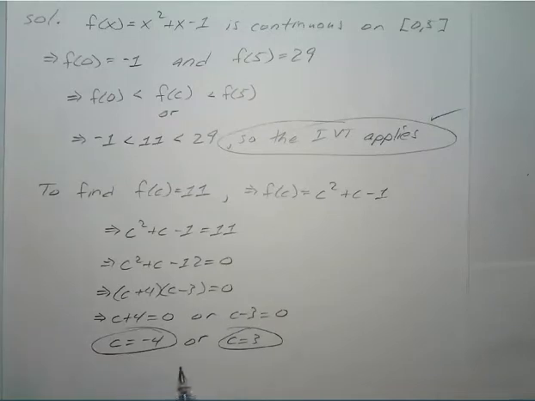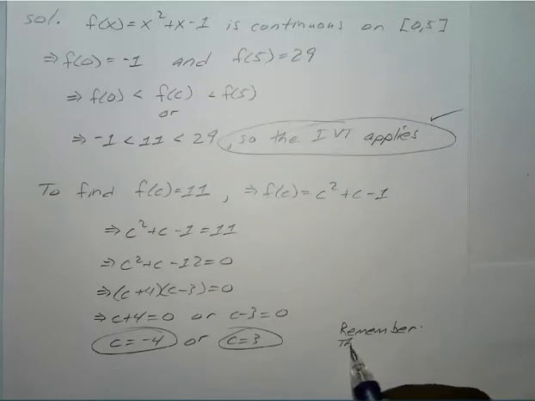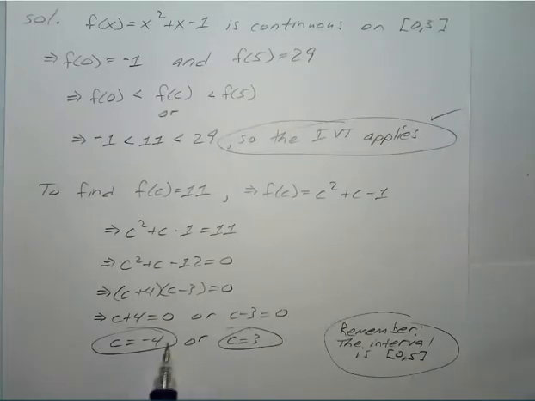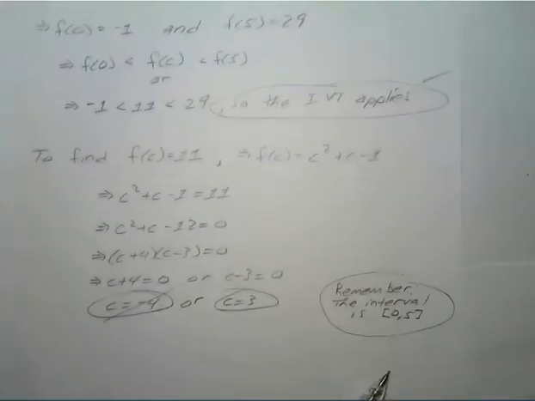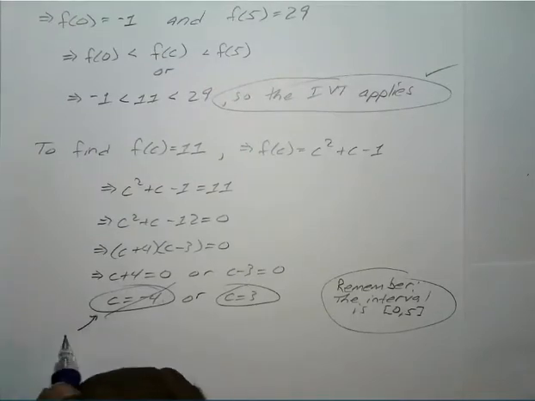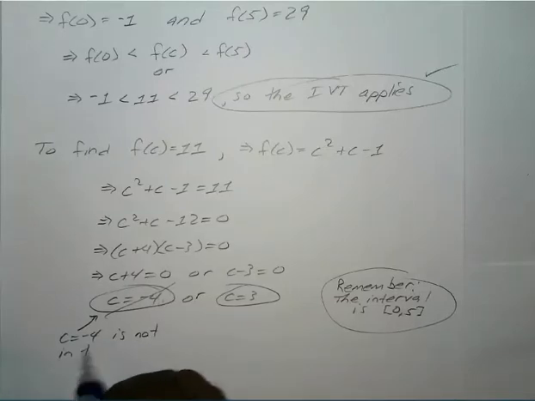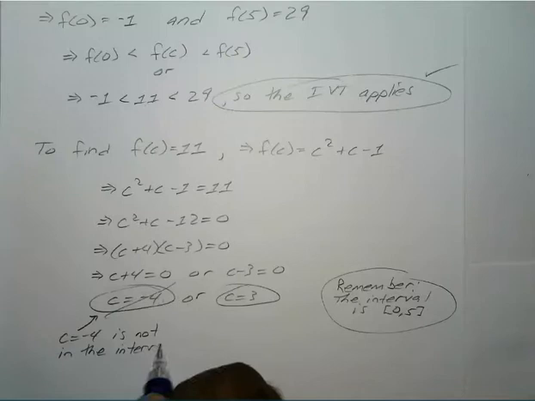Okay, so if you remember, the interval is from 0 to 5. So we can't use this negative 4 because negative 4 is not between 0 and 5. So c equals negative 4 is not in the interval 0 to 5.